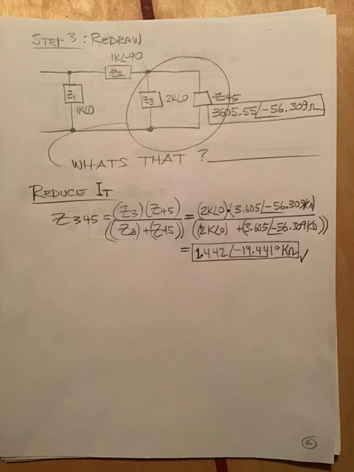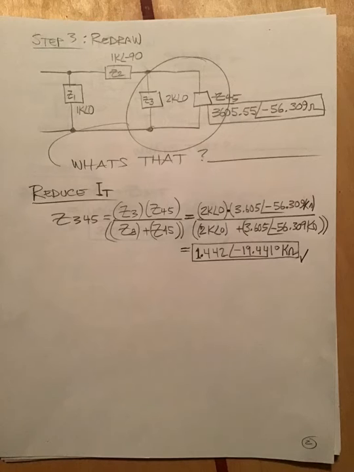So here's that next page, step 3. I've redrawn the circuit. I can't overemphasize how important that is. You need to take a look at the next circuit that I drew and ask yourself, hey, what is that in the circle?